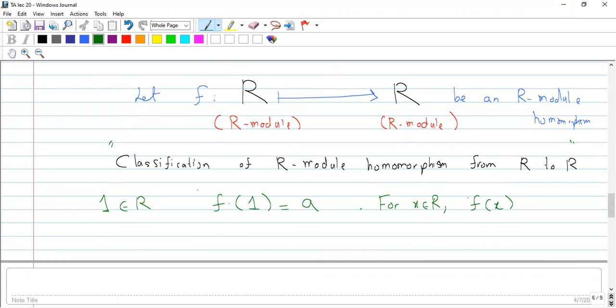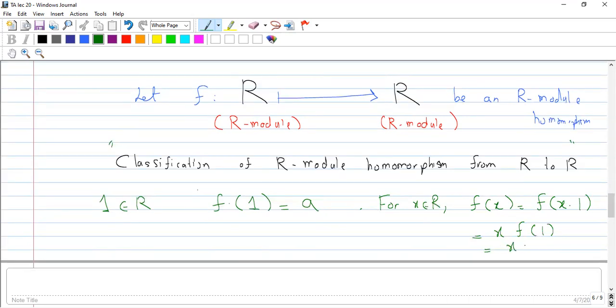Yes. So actually x can be written as x dot 1. And now since we are assuming that f is an R-module homomorphism, तो हम x को scalar की तरह treat करके, it could be written in this way, and it is equal to ax.